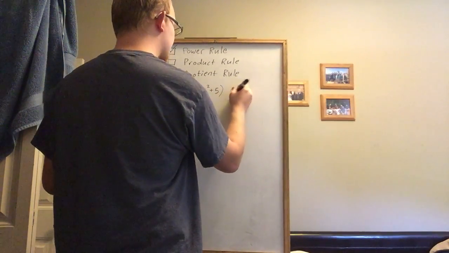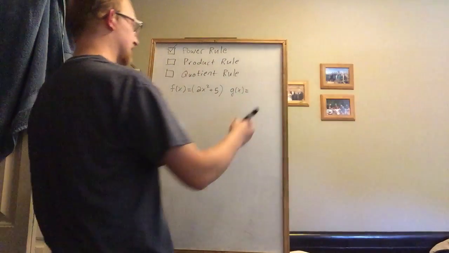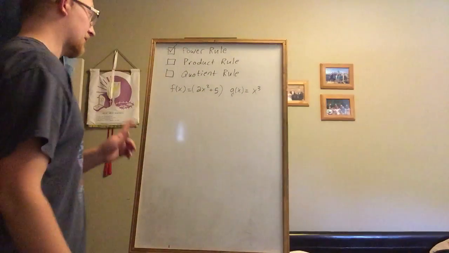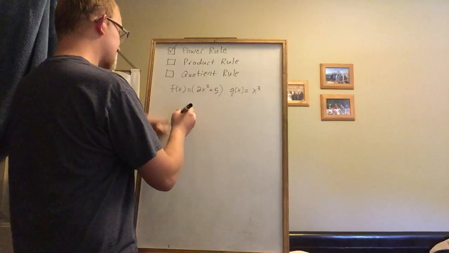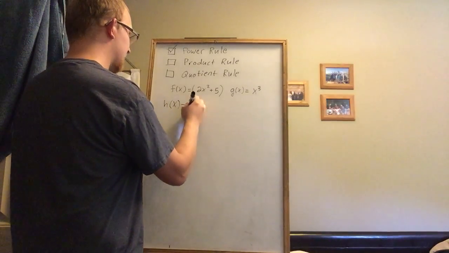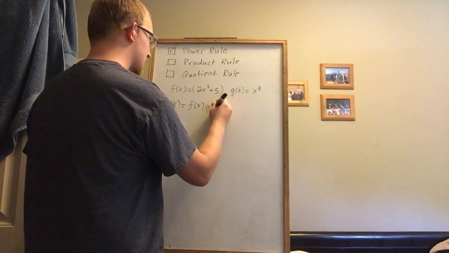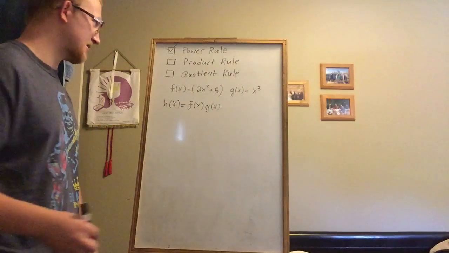And then let's give ourselves a function g of x, which is equal to x cubed. Alright, so now we're going to invent a new function. Let's call it h of x. And h of x is going to be equal to the product of f of x and g of x. So h of x equals f of x times g of x.